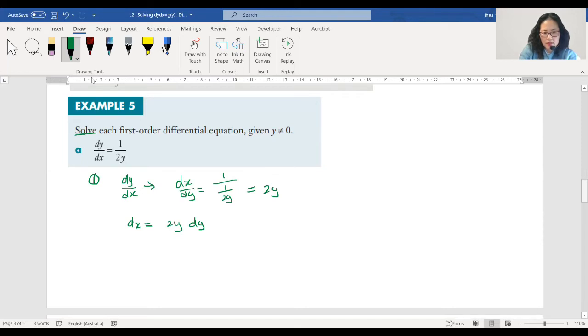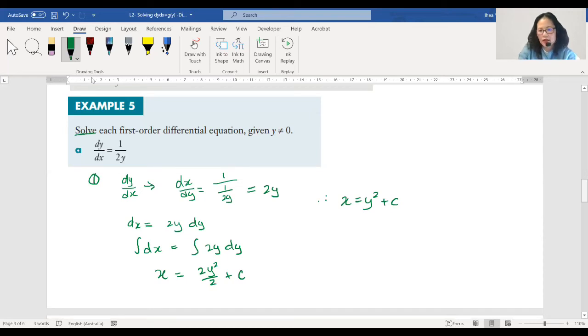So integrate dx, integrate like that, and that whole thing will cancel out, it becomes x, and that's pretty basic. And don't forget the c at the end, so therefore x equals y squared plus c.